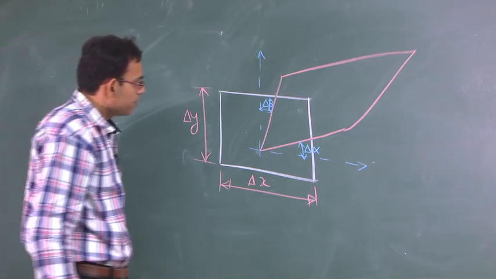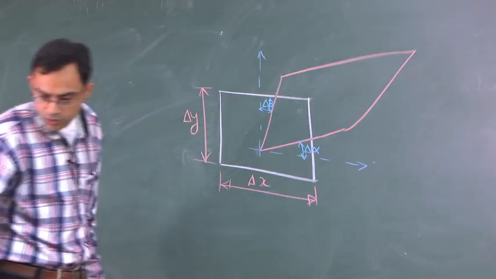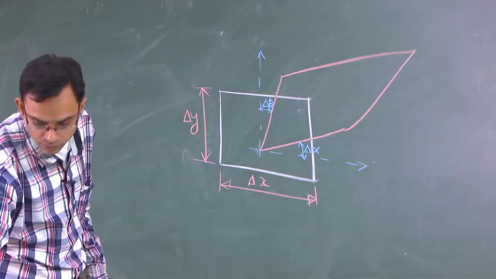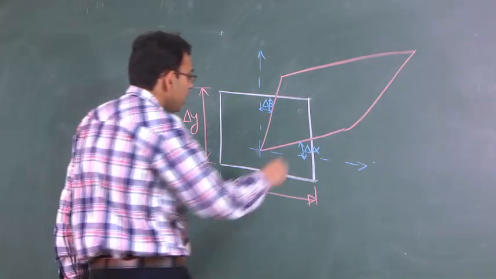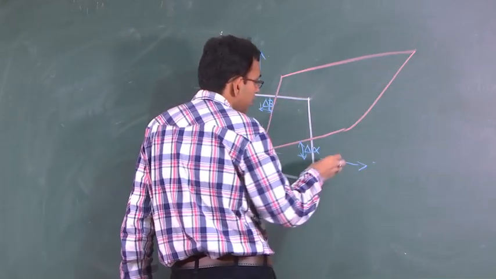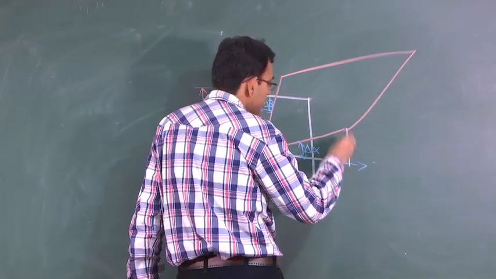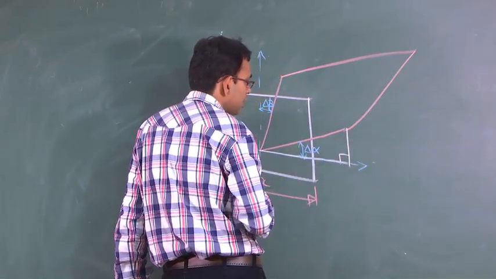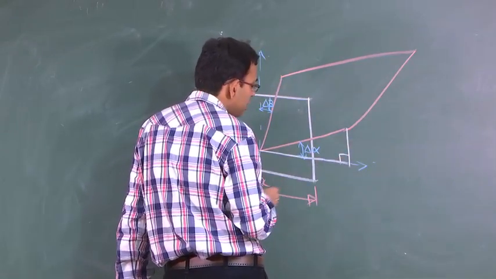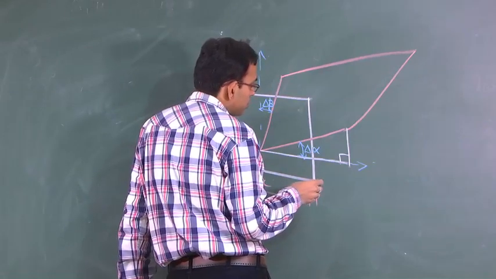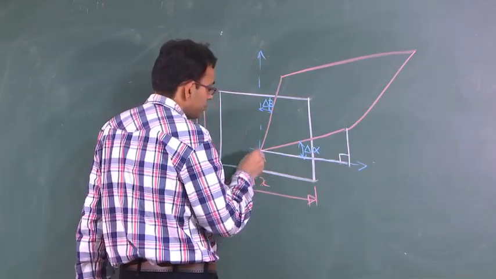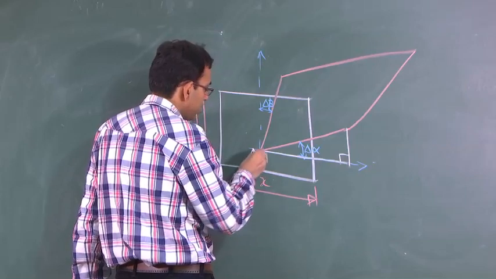So, now we will try to find out this angle delta alpha and delta beta. To do that, we will make this construction, we will construct a right angle triangle here. So, this distance is what?